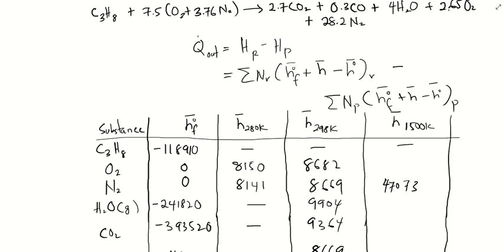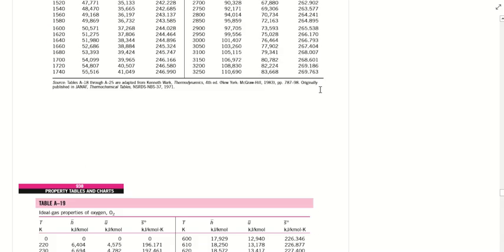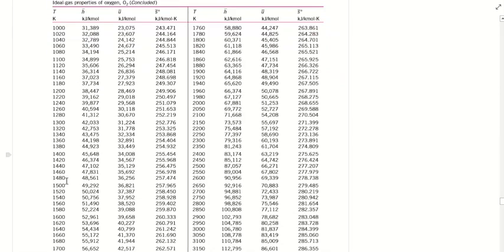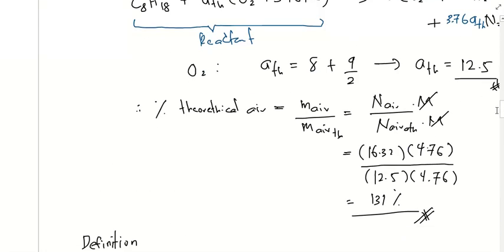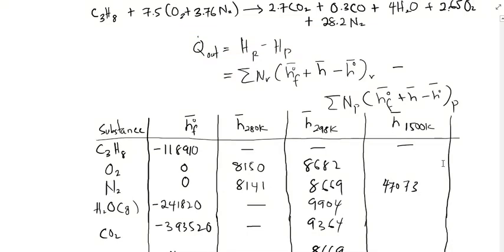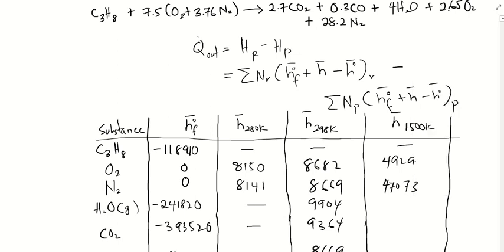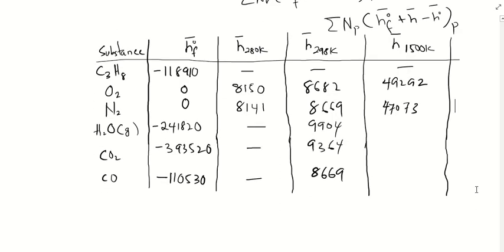Okay, and then for O2, 1500 Kelvin produces 49,292.